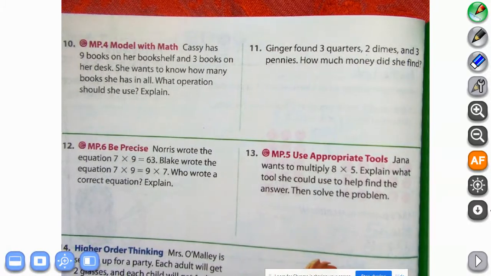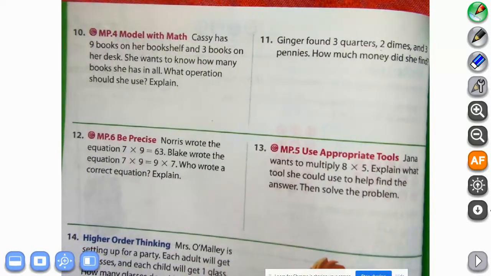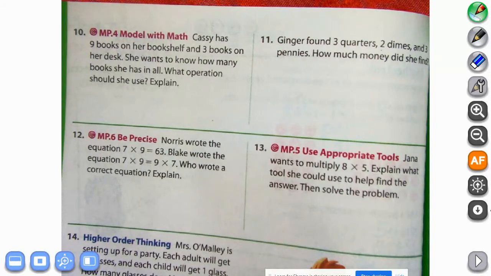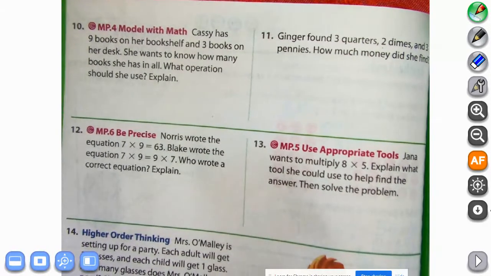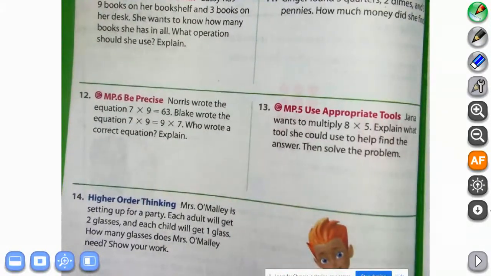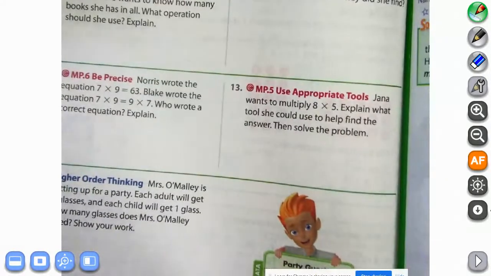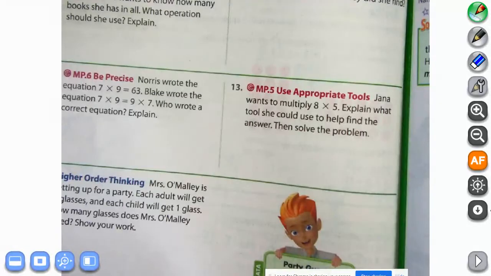Number 12, Norris wrote the equation 7 times 9 equals 63. Blake wrote the correction 7 times 9 equals 9 times 7. Who wrote the correct equation? Okay. So I can't say, because you guys have to answer it. Number 13, Jana wants to buy 8 times 5.